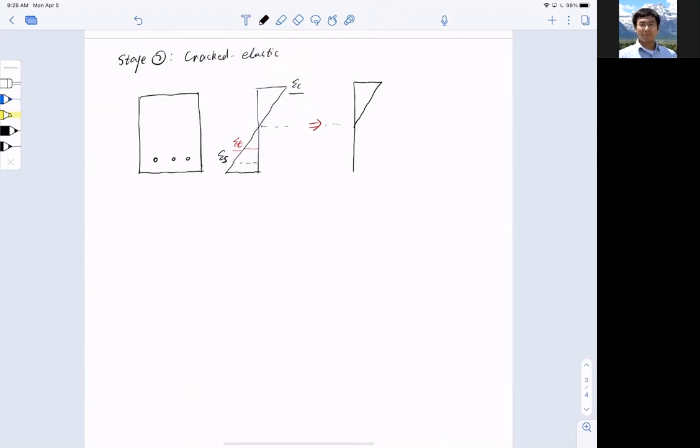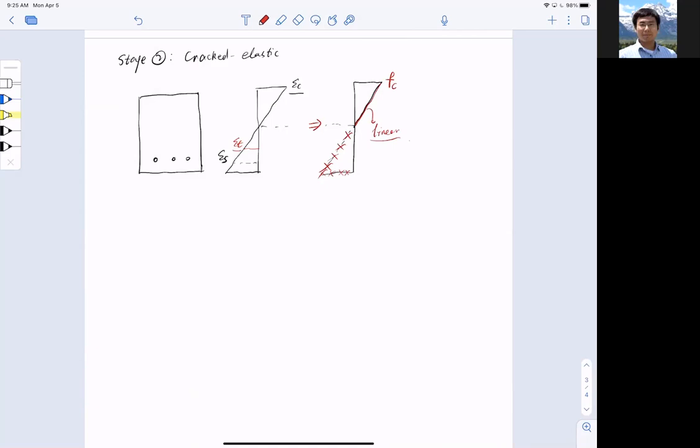So in reality, after crack, this portion is gone. It has no more tensile stress from the concrete. What I am left with is only the compressive stress in the concrete, and when I say elastic, it's because I still assume it follows the linear distribution.